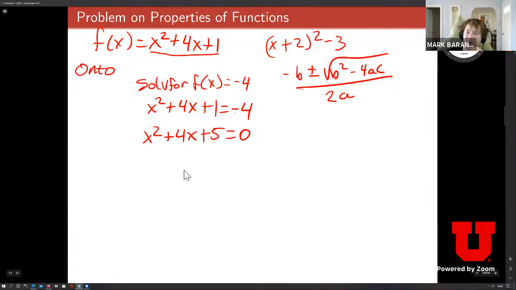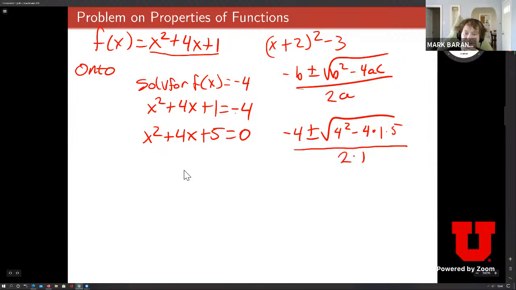So if we go into our quadratic formula, we get minus 4 plus or minus the square root of 4 squared minus 4 times 1 times 5 all over 2 times 1. And we get minus 4 plus or minus the square root of 16 minus 20 all over 2.